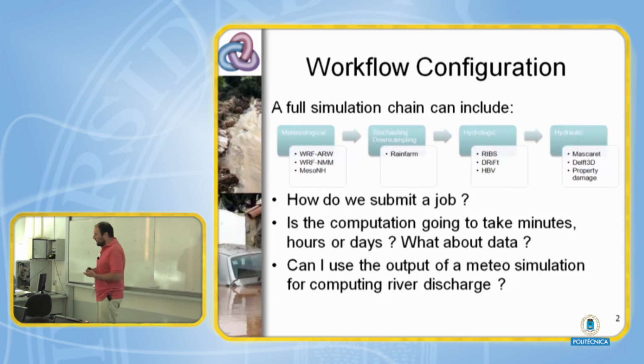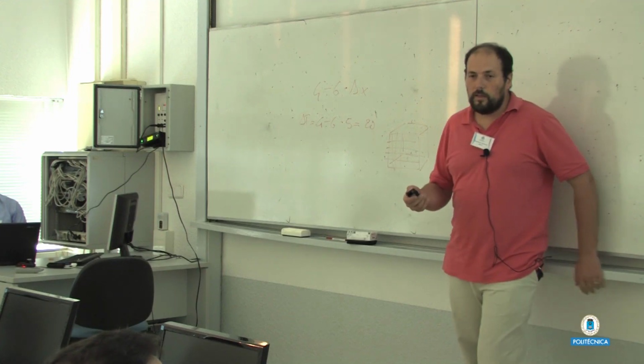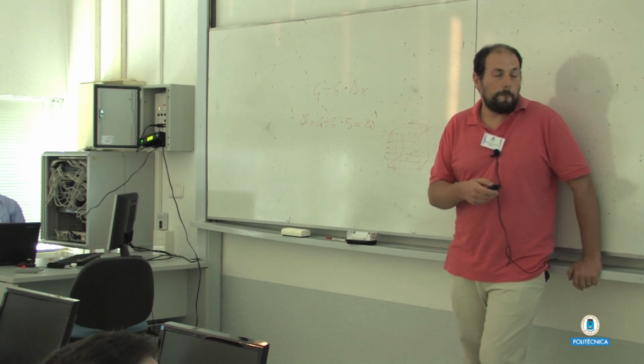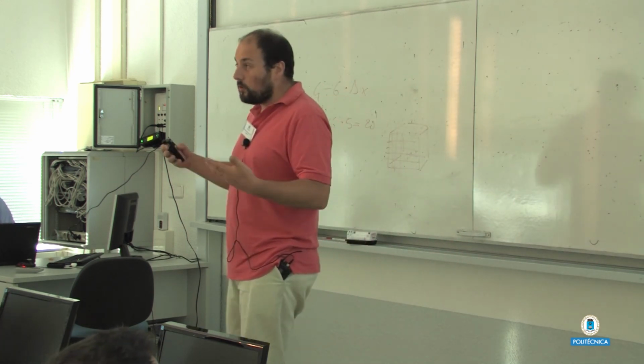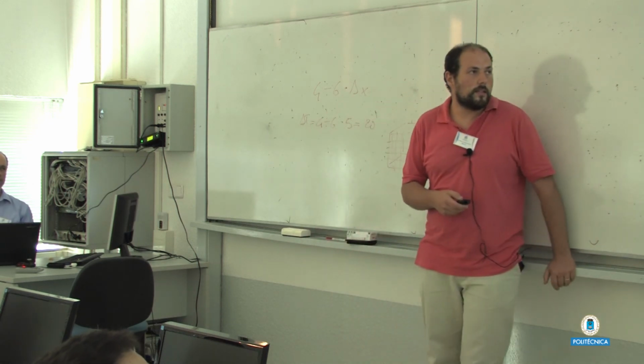But in reality, how is the portal going to submit the job, and in case of a job submitted to a remote resource, am I going to wait seconds, minutes, hours, days, how much space am I going to consume, do I need a really powerful machine or not, and when am I able to combine different model instances in a single chain.